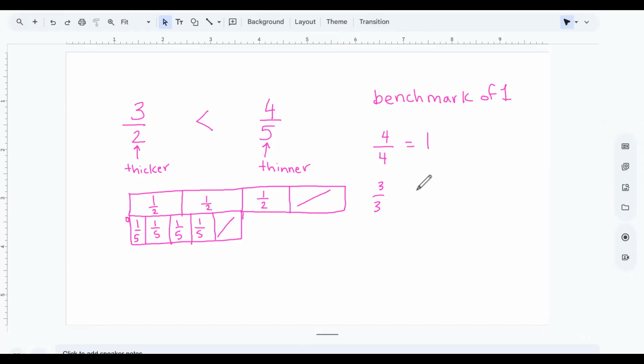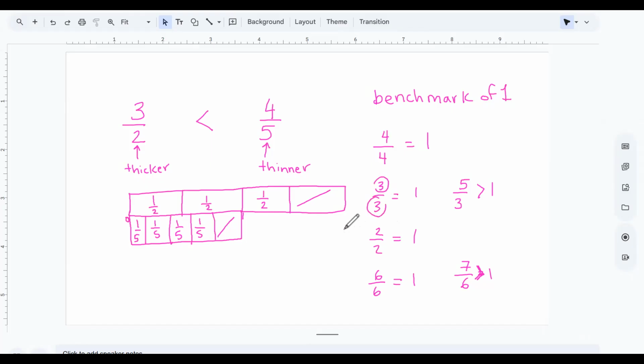If the numerator is bigger than the denominator, that means we have more than a whole. Okay, so 7/6 is more than a whole because you would need 6/6 to make a whole. If you have 5/3, that is bigger than a whole because you need only 3 parts out of 3 to make a whole.